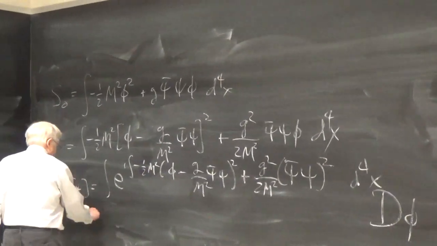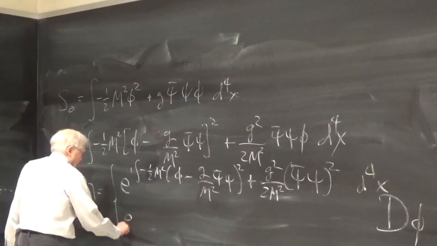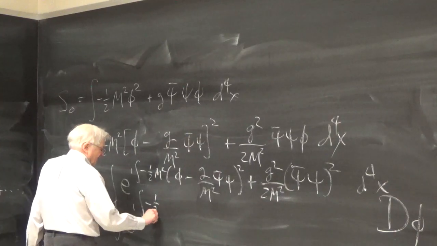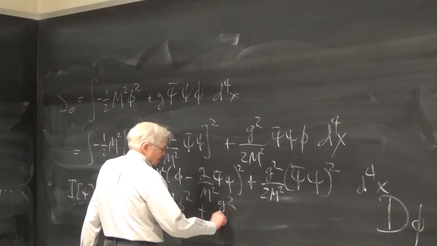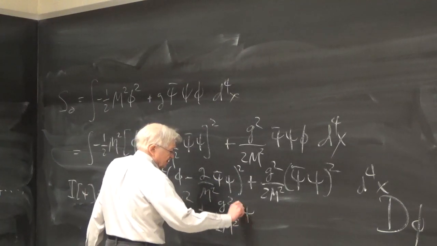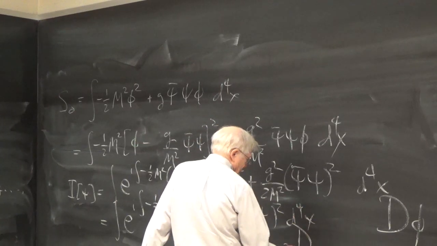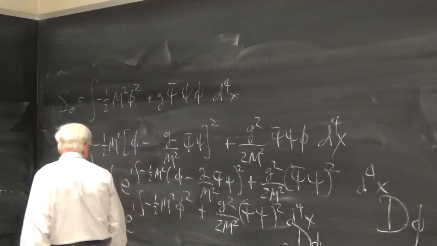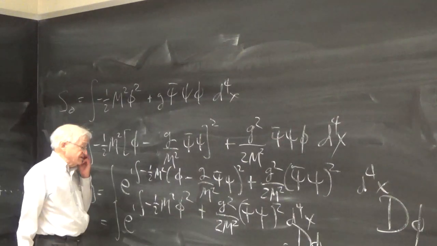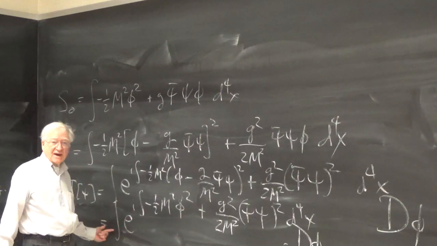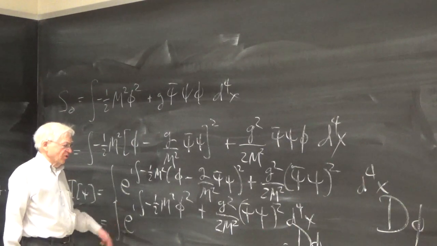So now if we shift, the Jacobian is just 1, and we have e to the i integral of minus a half M squared φ squared plus g squared over 2M squared ψ bar ψ, squared, d4x dφ. And now the path integral over φ is not only a Gaussian, but it's a trivial Gaussian that just gives you a factor out in front that is independent of all the fields.